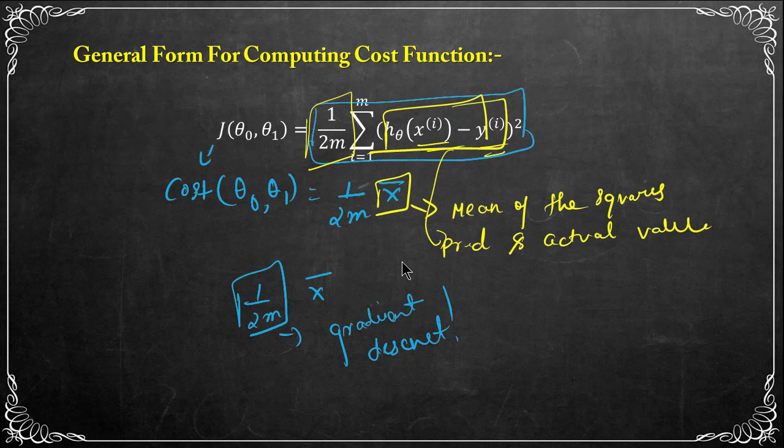Just understand that 1 by 2m is only used for computation in gradient descent. If you're not understanding, it's okay. When you get familiar with gradient descent, you will be familiar with the cost function also. So let's keep it aside. The main concept here is that we are taking the mean of the squares of the difference between the predicted and the actual value.